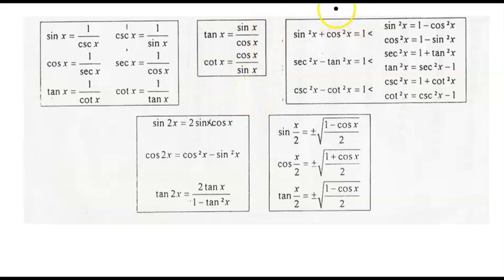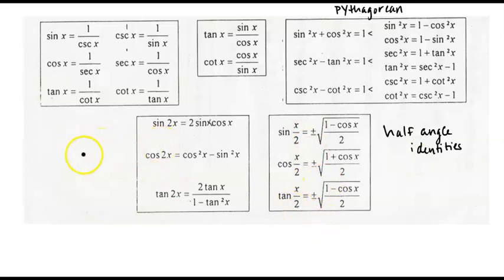Now these over here are called the Pythagorean identities. And these can be really helpful too. Over to the right, we've got the half angle identities. And the half angle identities aren't seen as frequently.